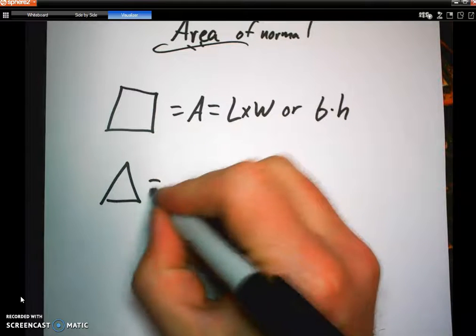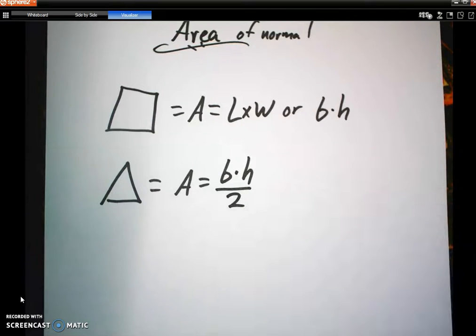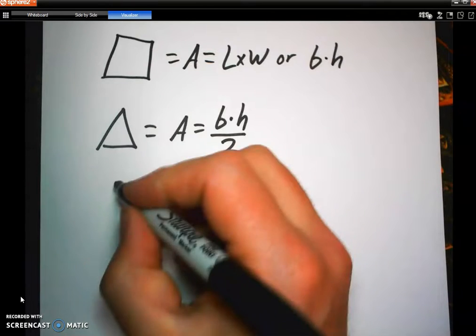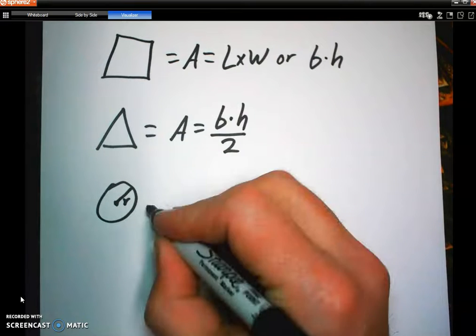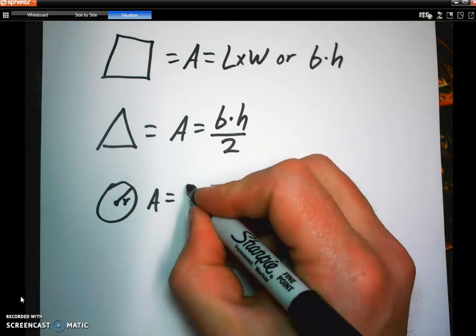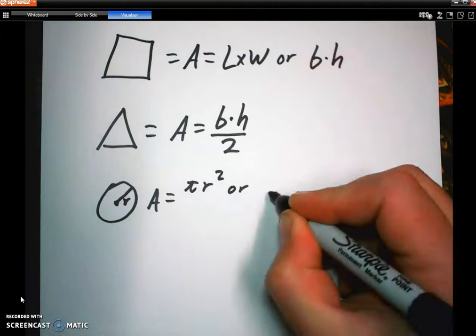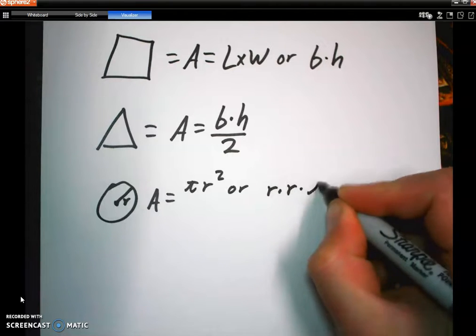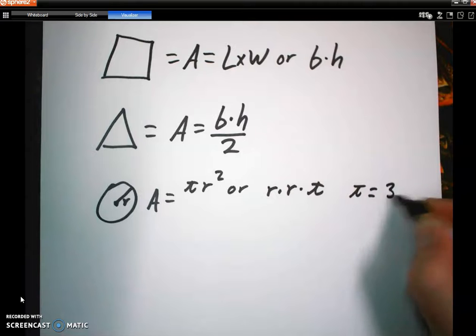The triangle is area equals base times height divided by 2, or half of the base times height. The next one that we learn is the circle. The circle involves using the radius, and its area is equal to the radius times the radius times pi, pi r squared. And remember, pi is 3.14.